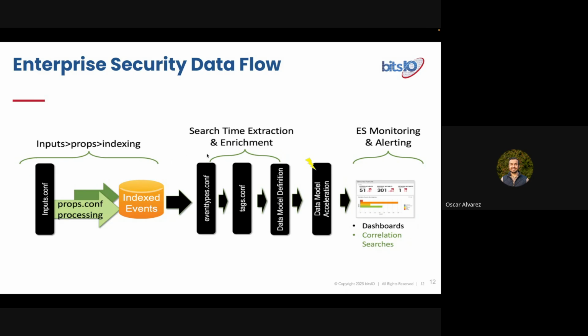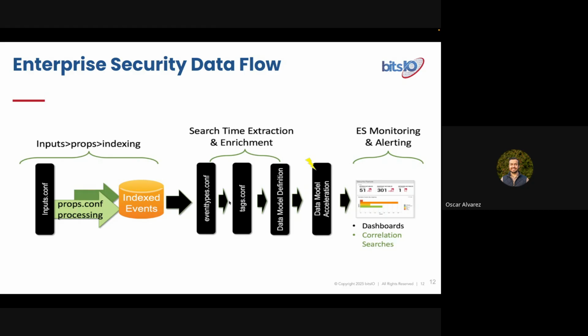And then what enterprise security is going to be looking at a lot is going to be your event types and tags, and the data models are going to look for that information. So again, you create the event types for different types of information from different vendors or different data types.